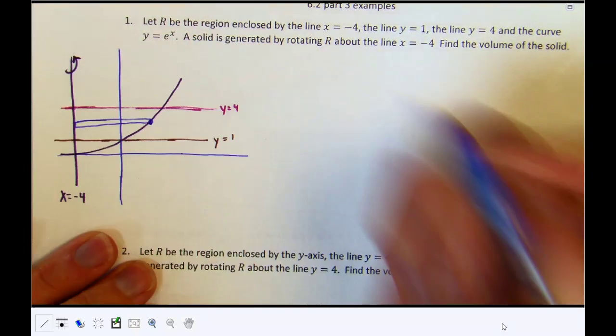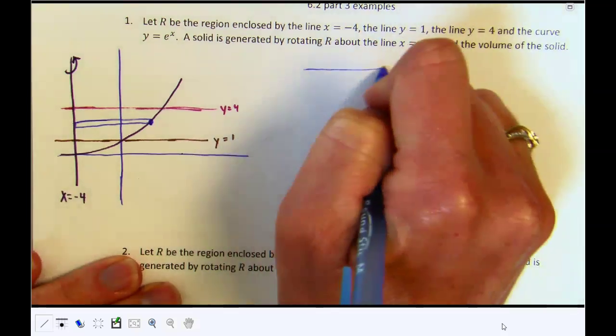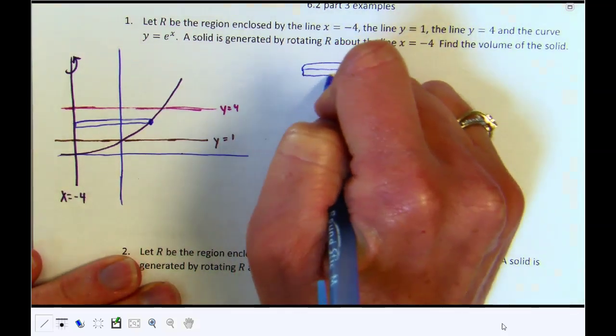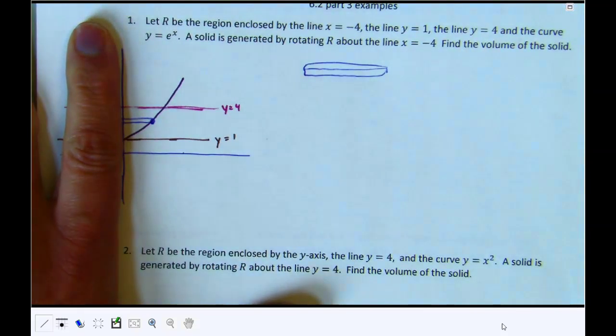The sneaky thing about this is what is the radius? Okay, let's draw our circle. If we were rotating around the y-axis like normal, what would the radius be?